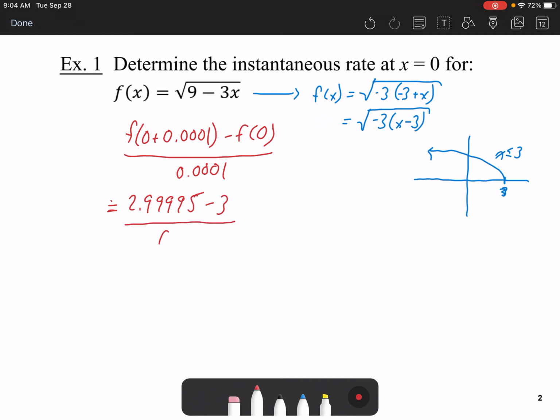There's more not actually showing. If you work this out properly, you should get a value of approximately -0.5. So the instantaneous rate of change at x equal to 0 has a slope of approximately -0.5. Most likely it is -0.5.